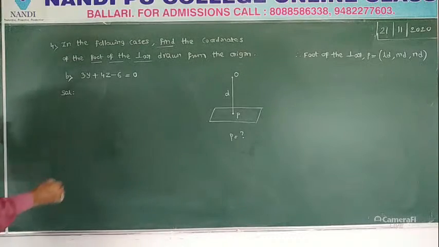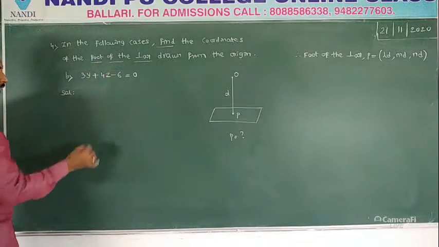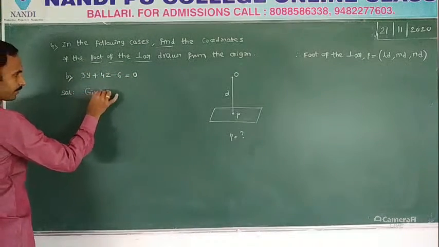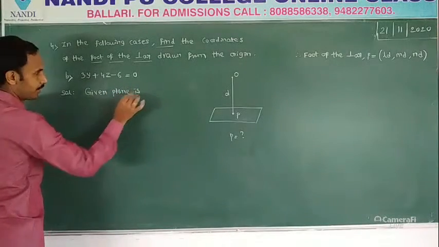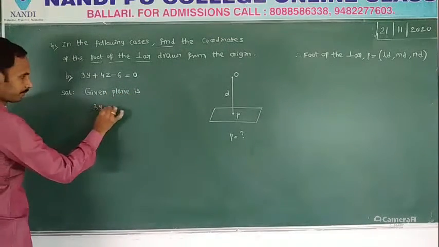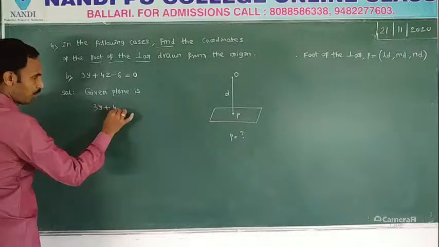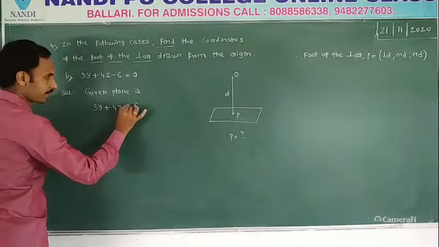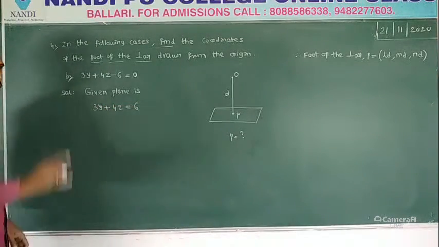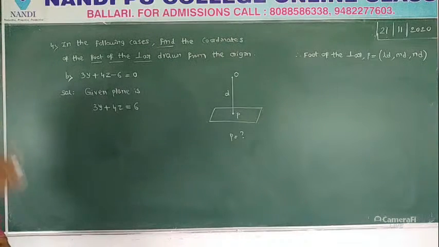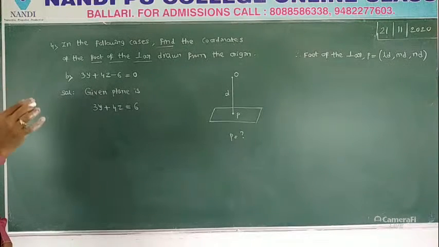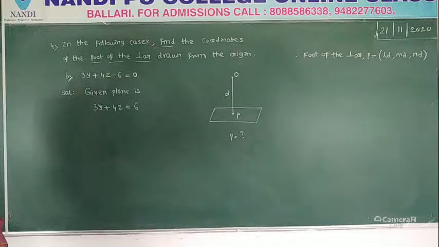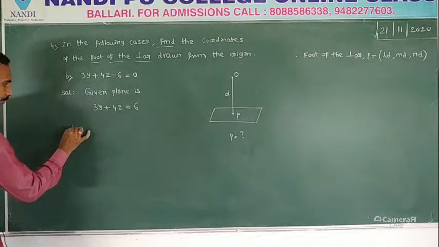Okay, write down the given plane. Send the constant to that side. Given plane is 3y plus 4z is equal to 6. Okay. To change any plane into normal form, first problem we did, divide each term by root of a square plus b square plus c square.